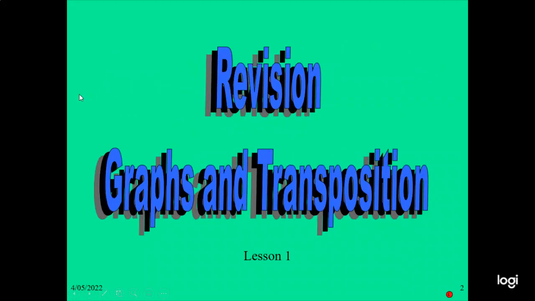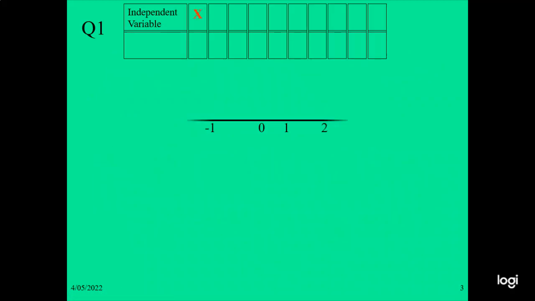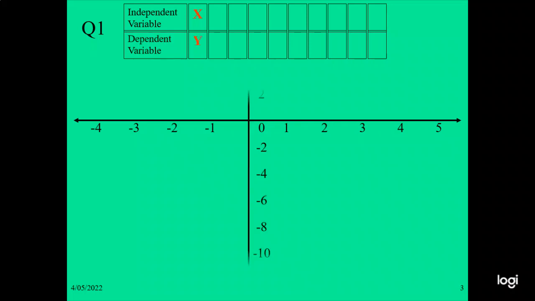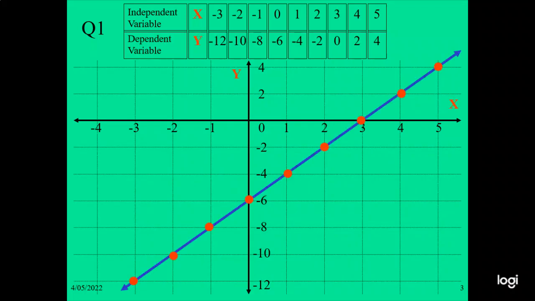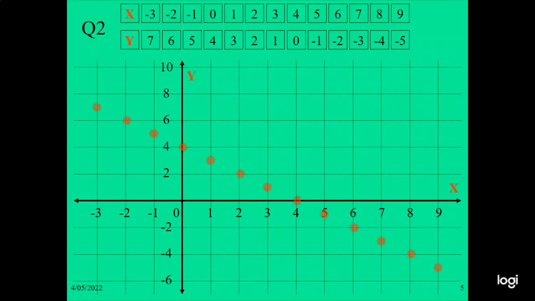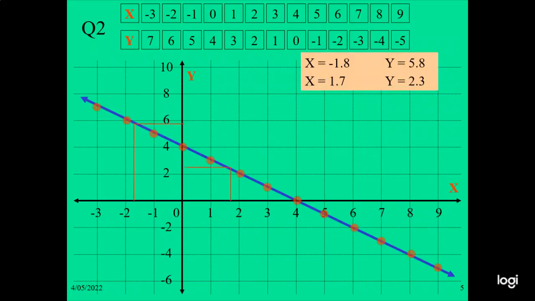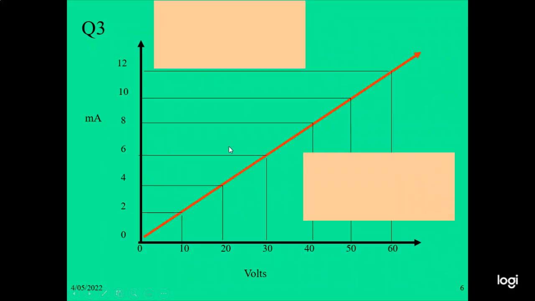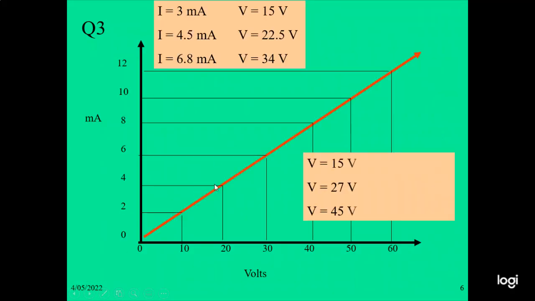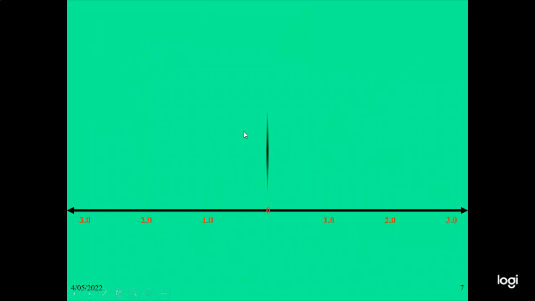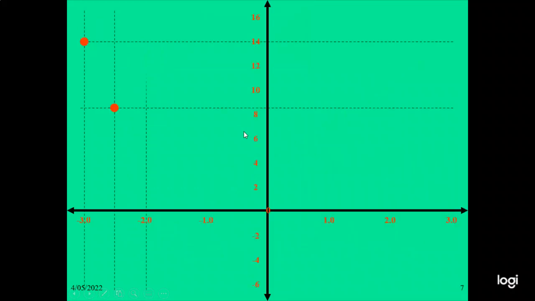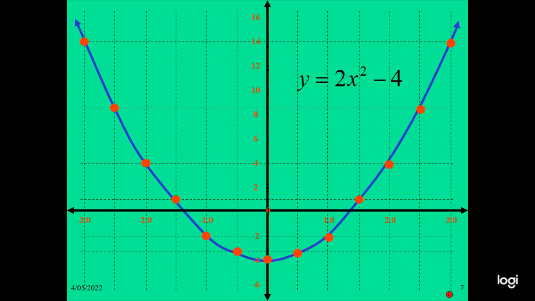We talk about the graph of dependent and independent variables, and we draw this graph for the voltage and current relationship. This graph we can draw: y equals 2x squared minus 4.